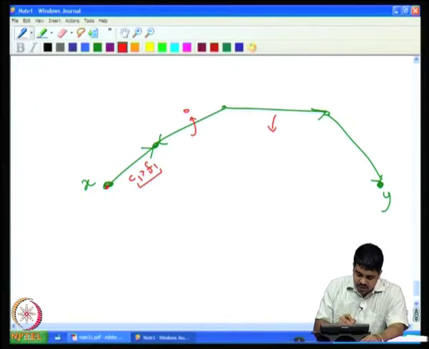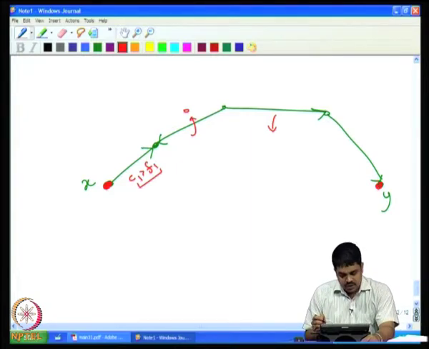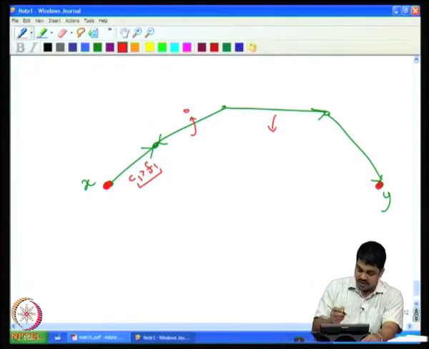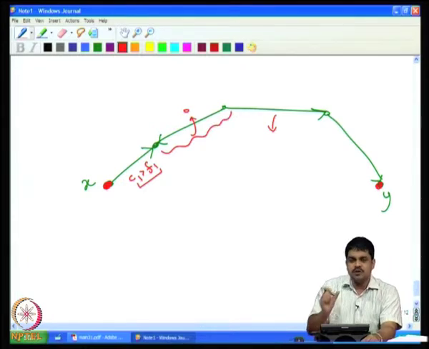So, what we are thinking is to find a path starting from x to y, sometimes containing forward edges, sometimes backward edges, which gives us some possibility of increasing the flow.